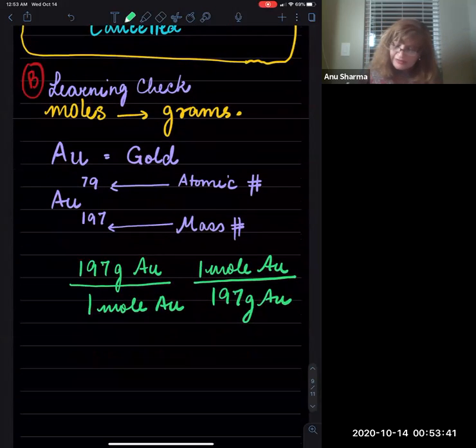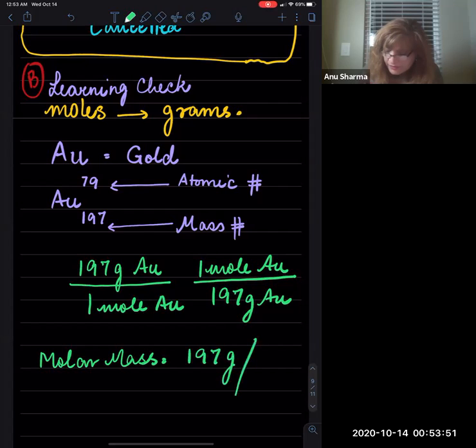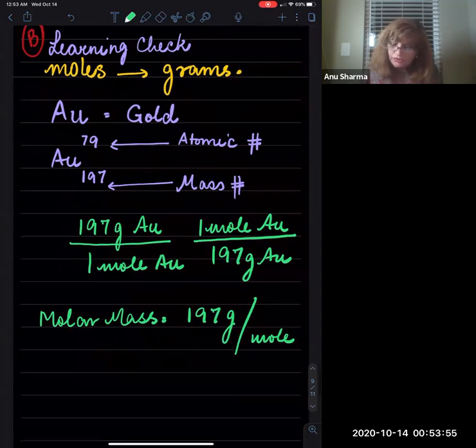So this is basically the mass number, or the molar mass of gold, as it's commonly said: 197 grams per mole. Okay, so those were the conversion factors.